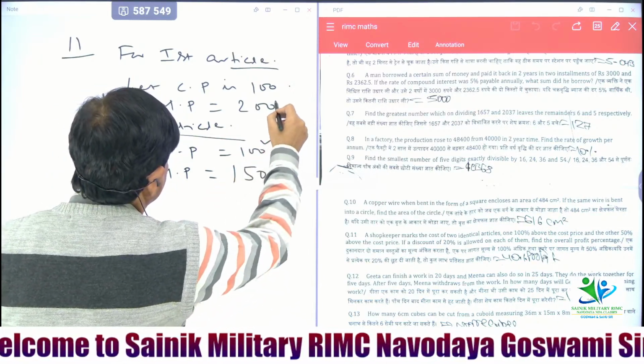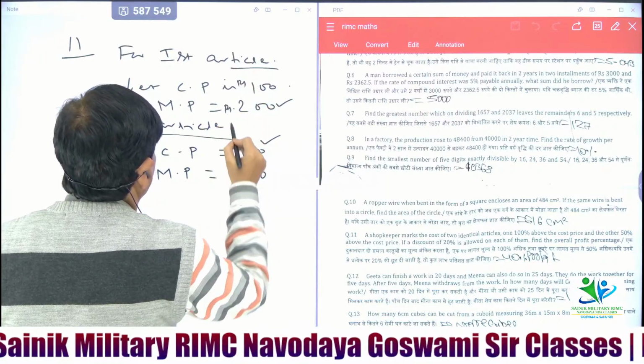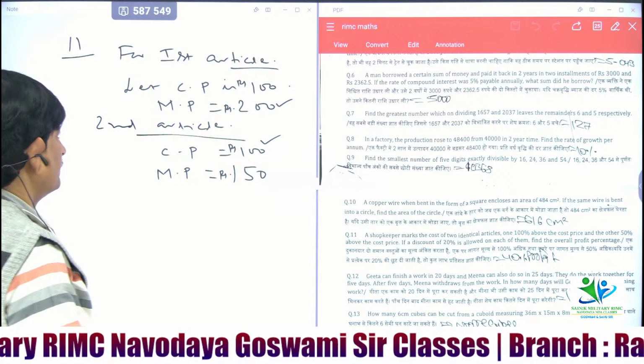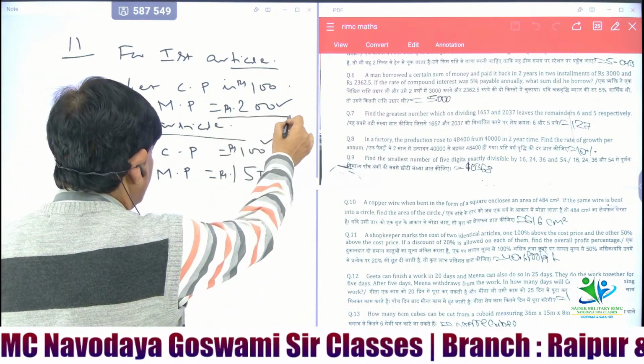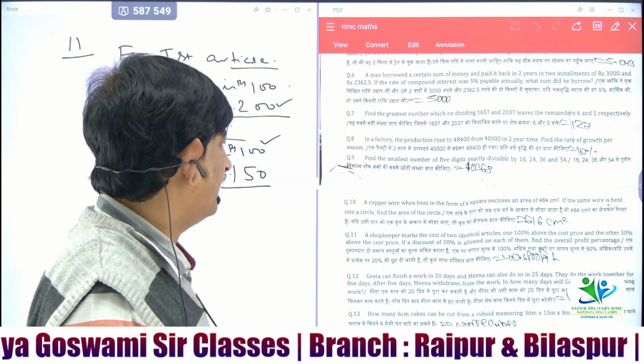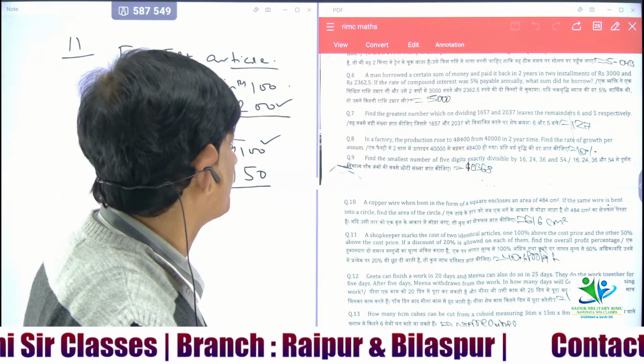Here marked price is 200, is rupees 100. Better to write this one, rupees 100, rupees 150. So mark price of first article is 200, second is 150, and allows the discount of 20% each of them. Find the overall profit percent.